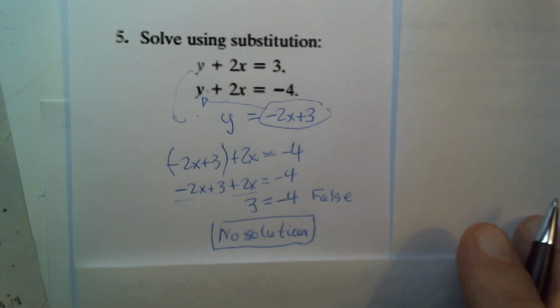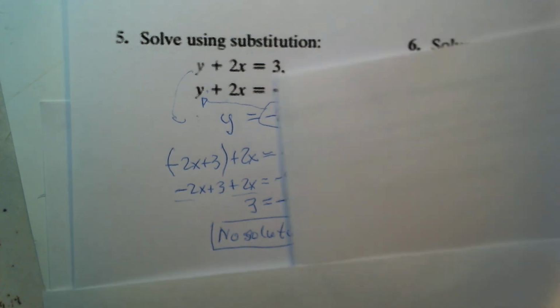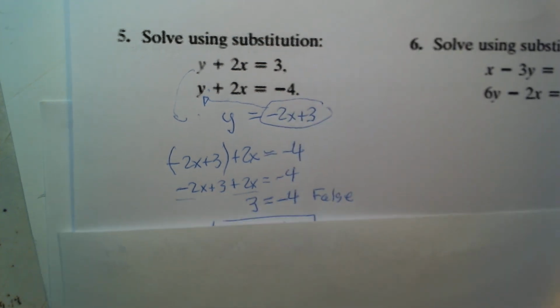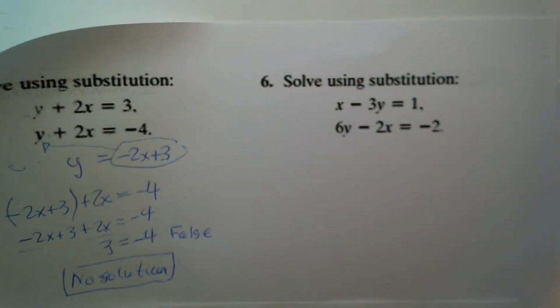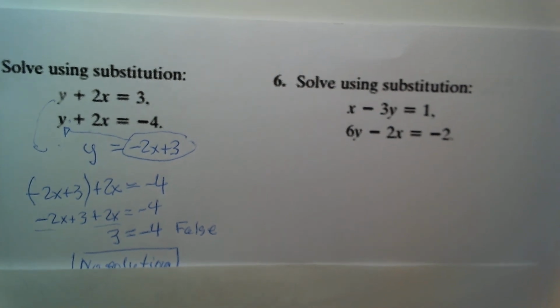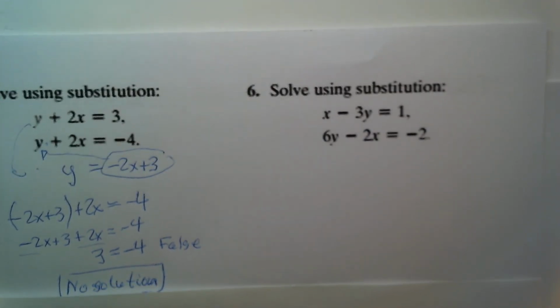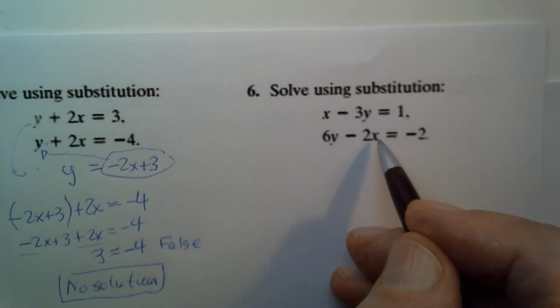Now let's look at another exercise, exercise number 6. And so we are supposed to solve that by substitution also. And so let's just look at that. And we look at the first equation and the second equation.